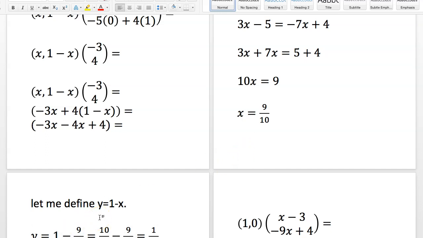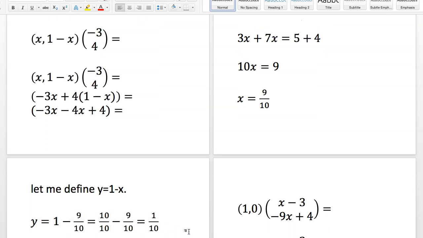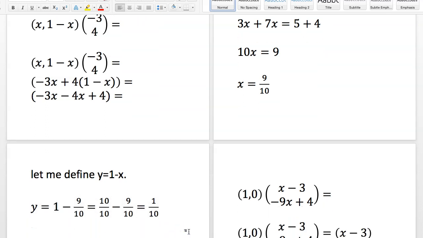It's my y coordinate. So y equals 1 minus x, but we've already determined x to be 9/10, so I do substitution. Now 1 minus 9/10 is 10/10 minus 9/10, common denominator, and that's 1/10. And there I go. So there's my optimal strategy for my row guy.